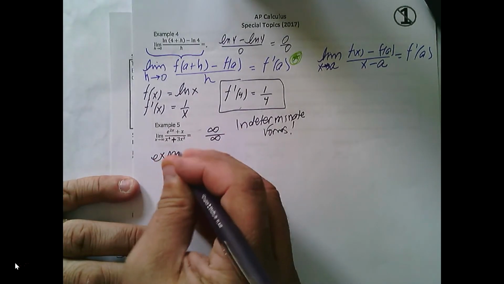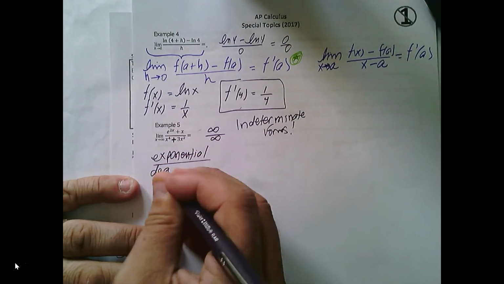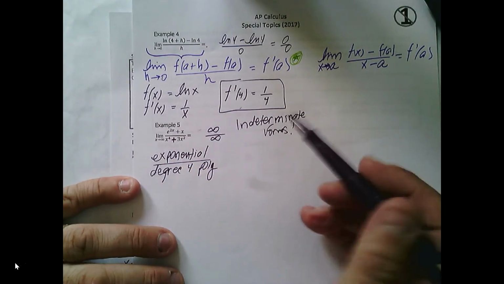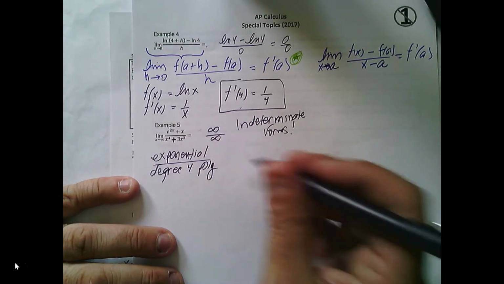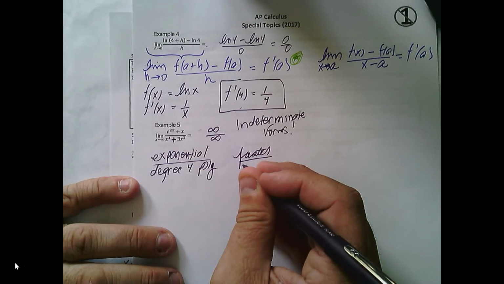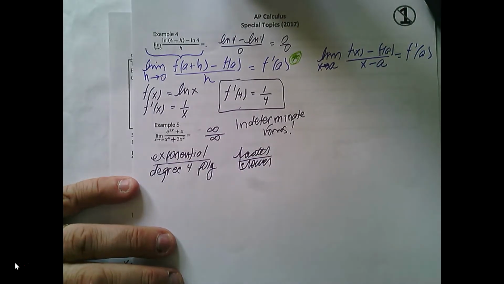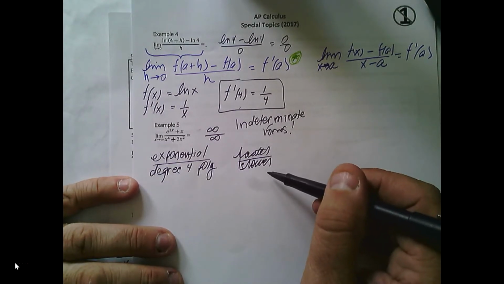So you have an exponential in the numerator and a degree 4 polynomial in the denominator. Exponentials grow faster than anything else. So you have a faster growing function in the numerator being divided by a slower growing function in the denominator. The top grows faster than the bottom.